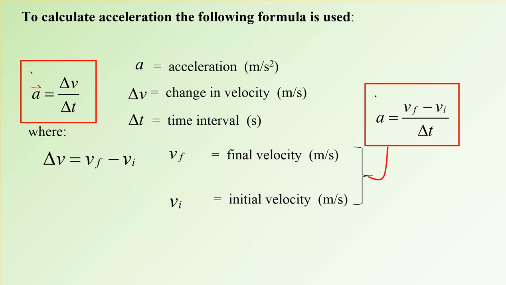If you remember, an arrow over top of things means it's a vector, so we do care about the direction of the acceleration. This formula shows that acceleration is equal to, and remember this little triangle means change in velocity. So change in velocity just means that we are getting faster and faster.